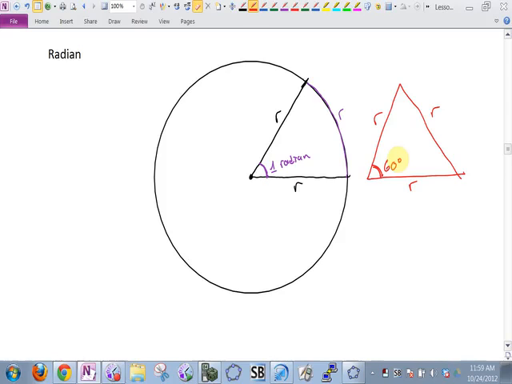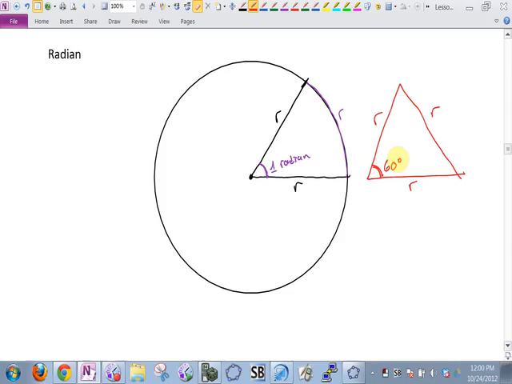It's close to 60, but it is smaller. I think it might actually be like 56 or something. 57.3. Okay, so right around 57 degrees, one radian.